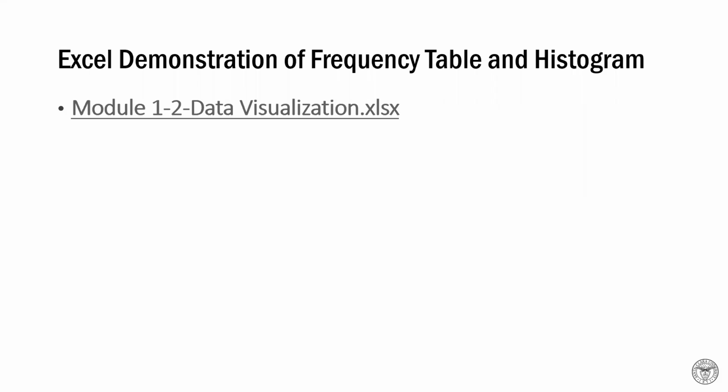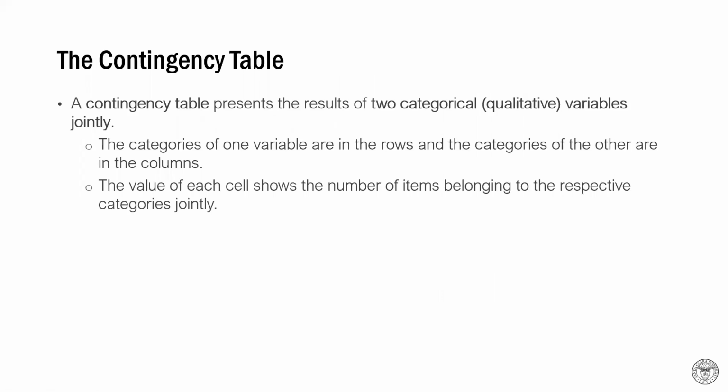So far, we have demonstrated the frequency table and histogram, and now let's go to the contingency table. I would say that so far we have dealt with single variable data visualization. In practice, most of the time we have multiple variables. A contingency table is one tool to summarize outcomes of two categorical variables jointly.